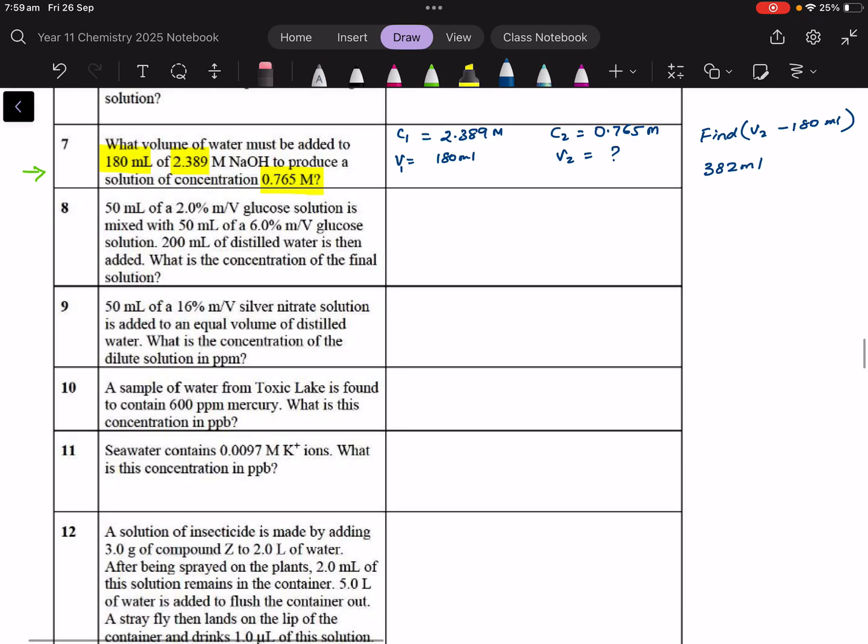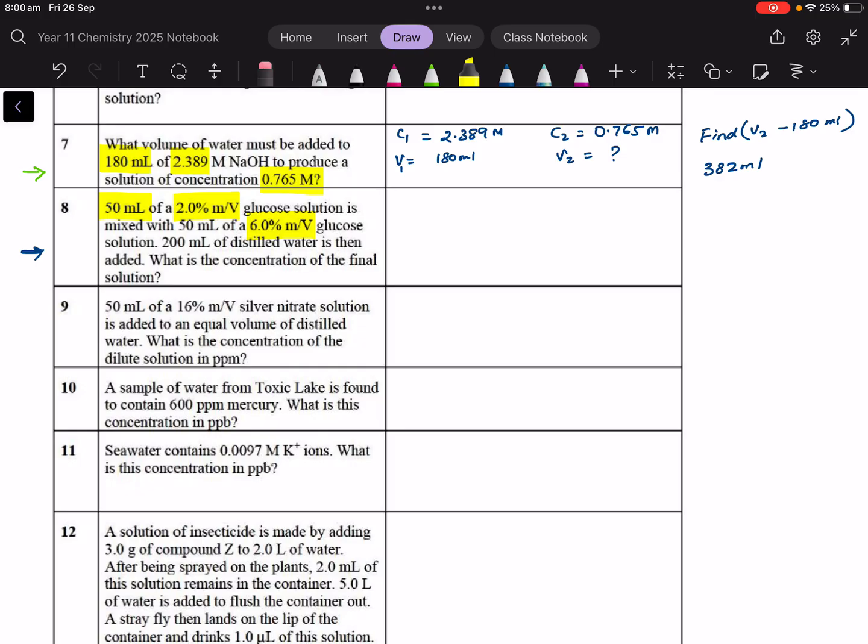All right. Question number 8. How will you proceed? Again, you've been given a glucose solution in percent mass over volume, and this is what you are mixing it with. You're mixing two solutions that have different concentrations.